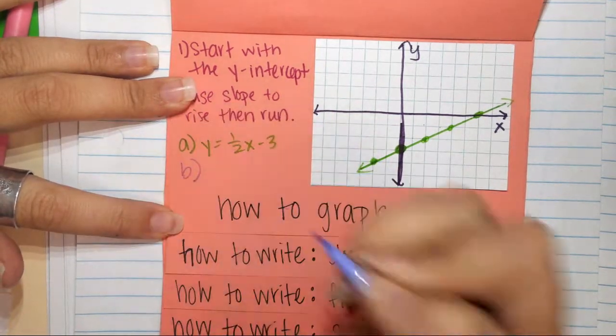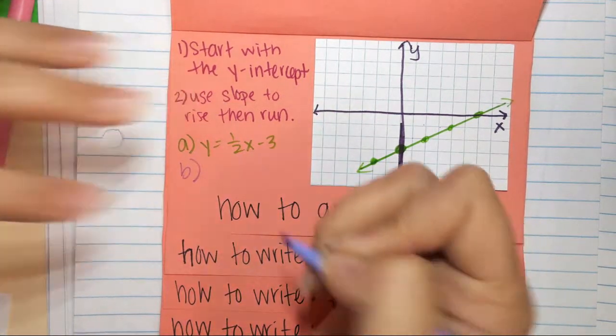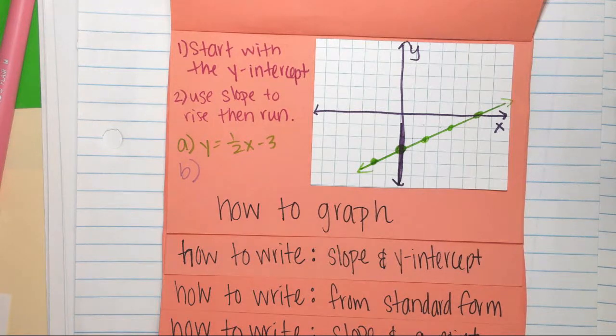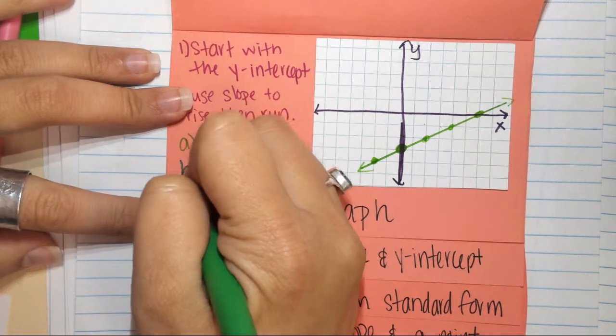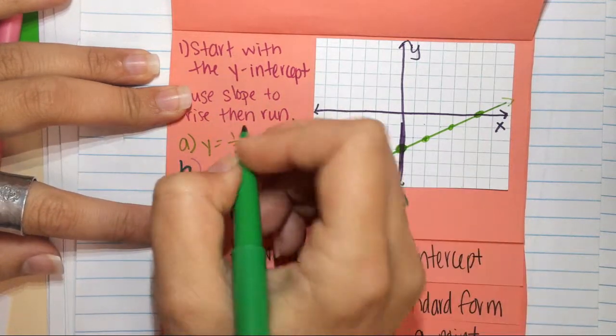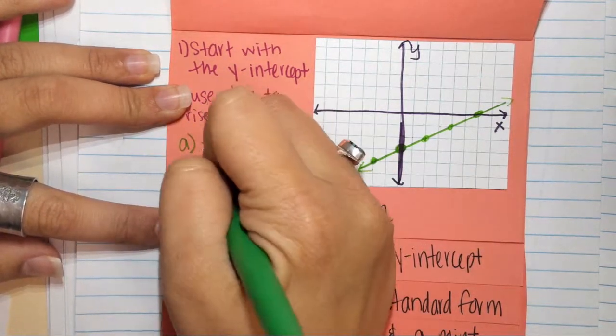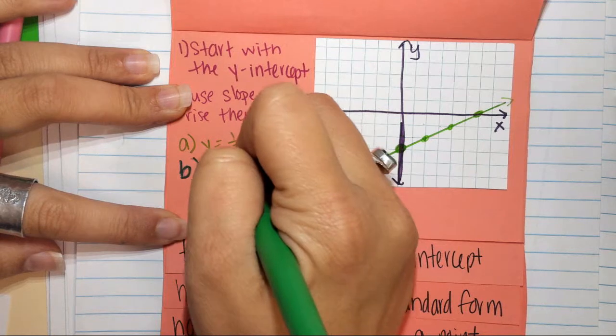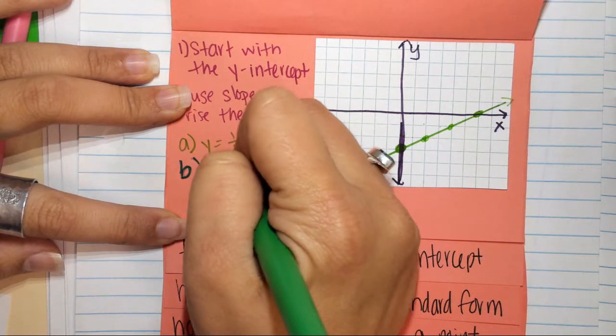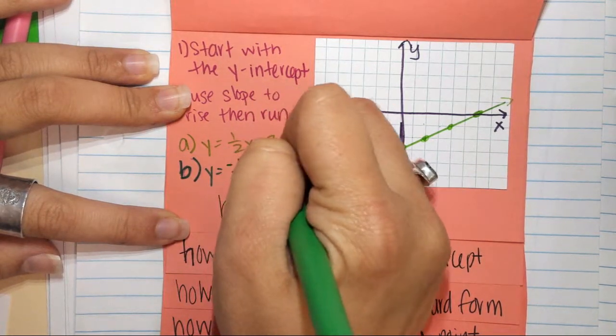Alright. Can you see that? Do I need to use a darker color? I'll use dark green. Is that better? Alright. Y equals negative 1/3 x plus 4.